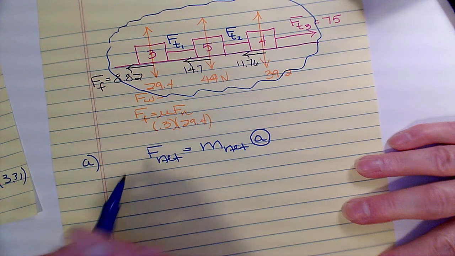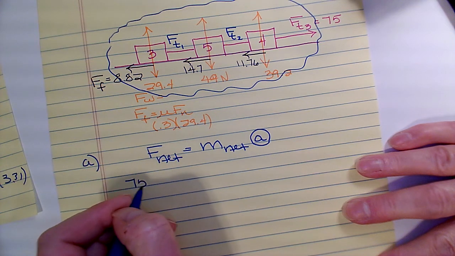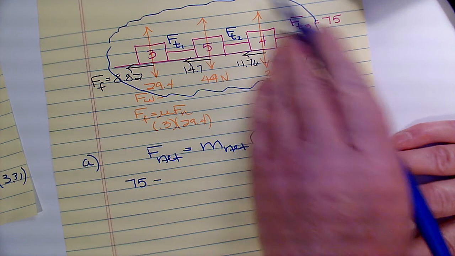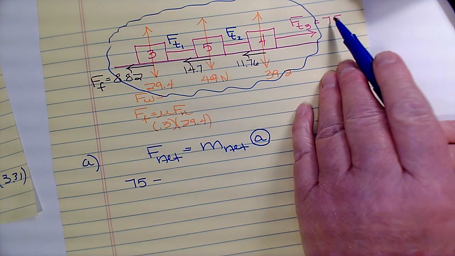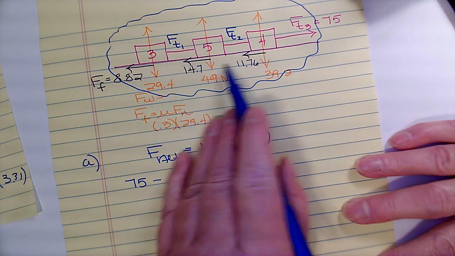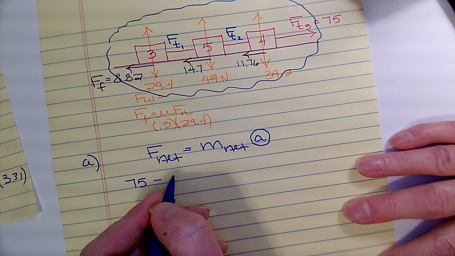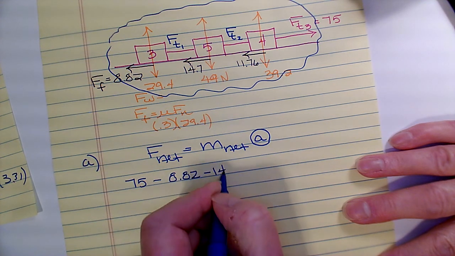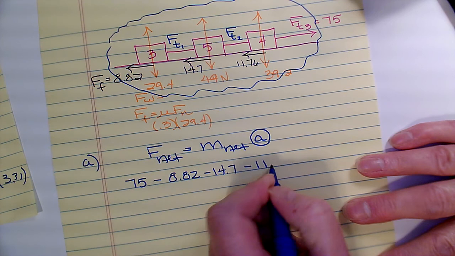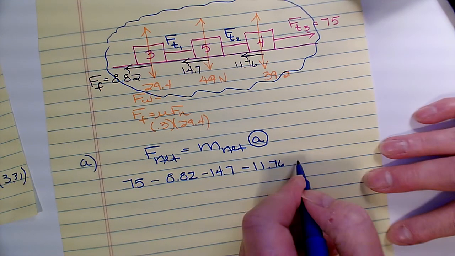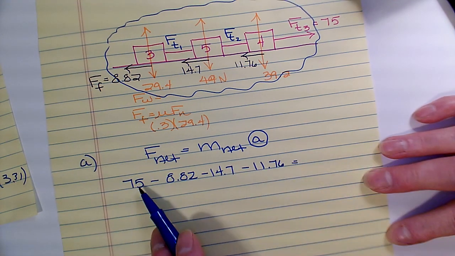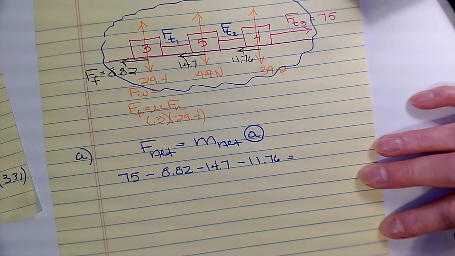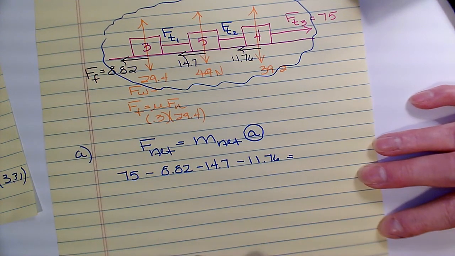Well, that would be this pulling force, 75, minus what is working against you in this system? These frictions. So I'm going to subtract off each of them: minus 8.82, minus 14.7, minus 11.76. What makes it move, minus what you're dragging or what's working against you in terms of forces.